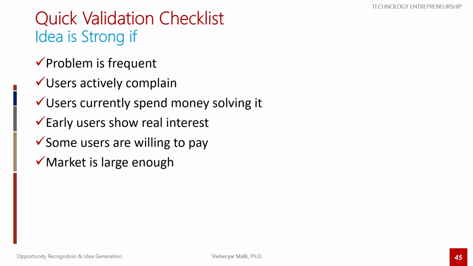So it feels with all these positive things that your idea is strong. So you need to evaluate your ideas at least on these things. You can come up with other checklist features as well, and you can have them incorporated.